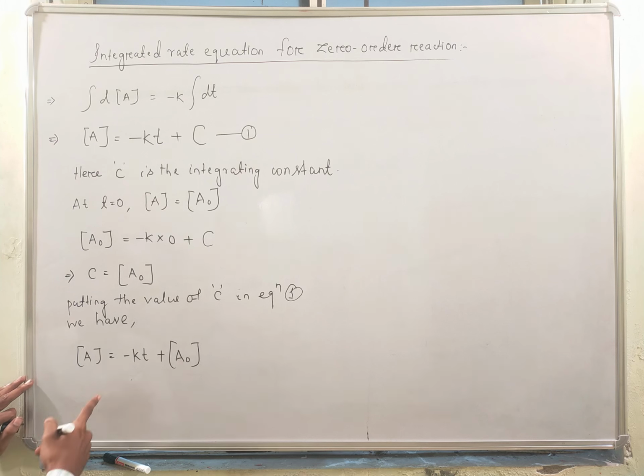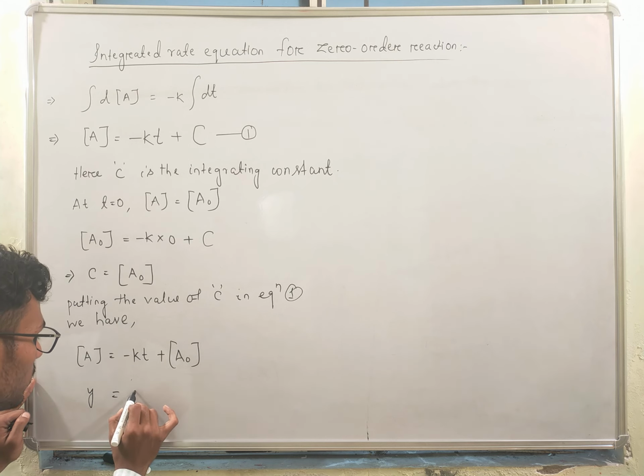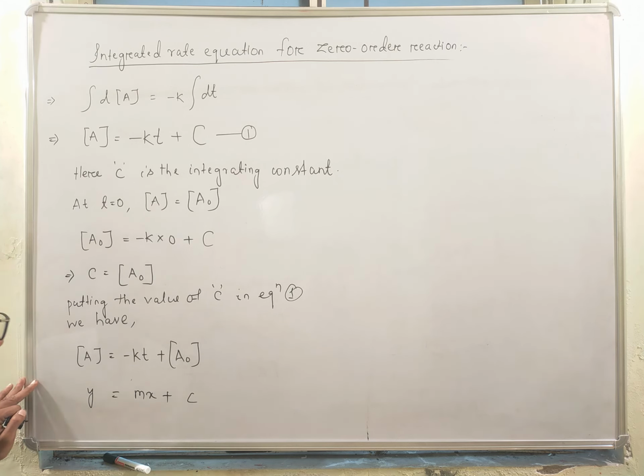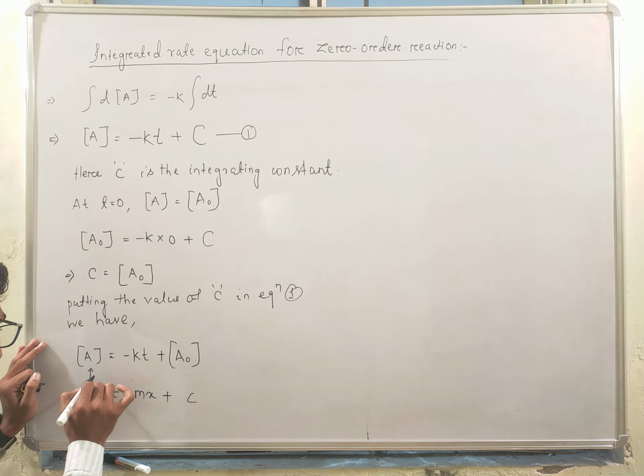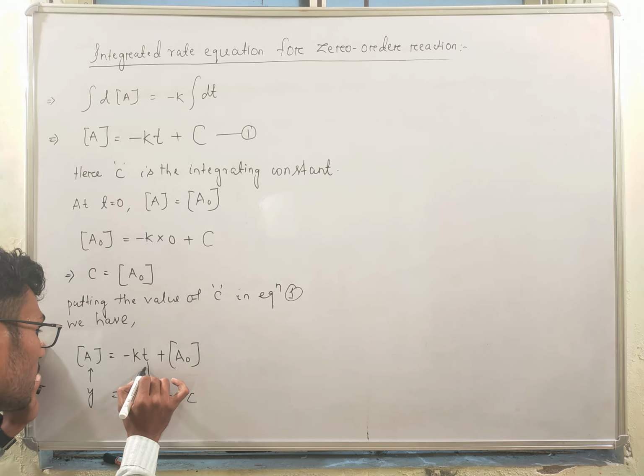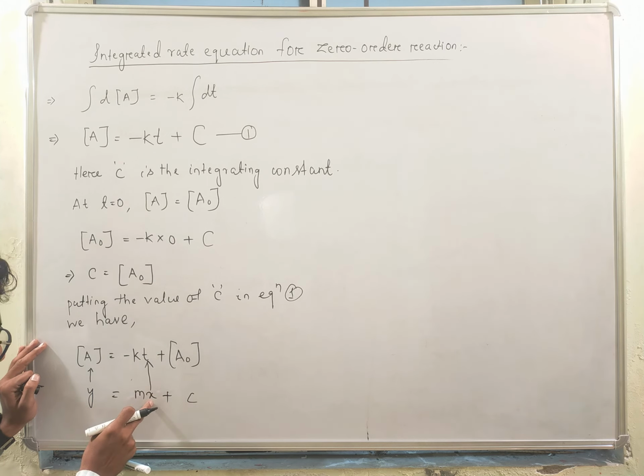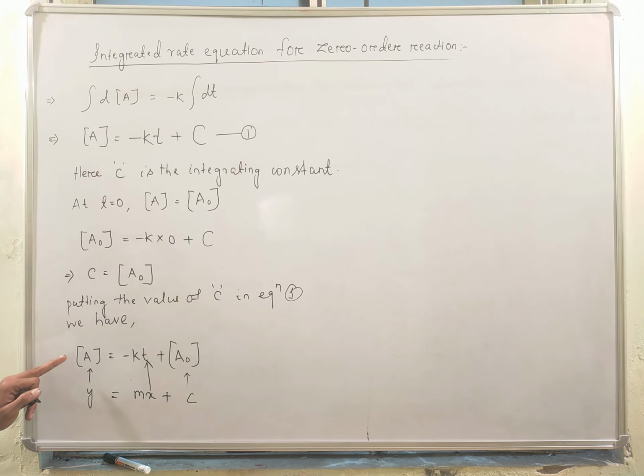Comparing this equation with the equation of a straight line, y equal to mx plus c, A will be on the y axis and t on the x axis. The coefficient of x is m, the slope, so here minus k will be the slope and c is A naught.